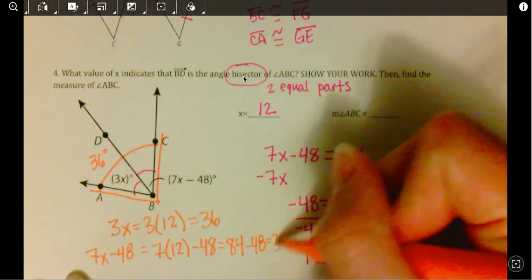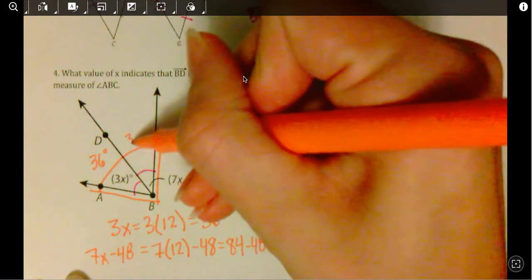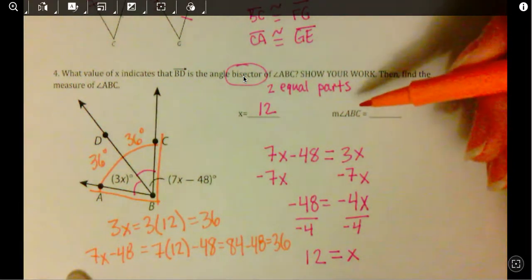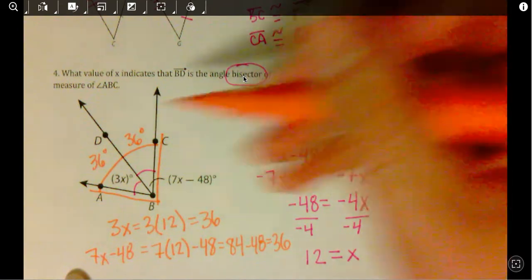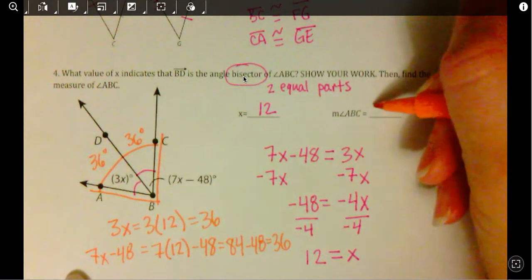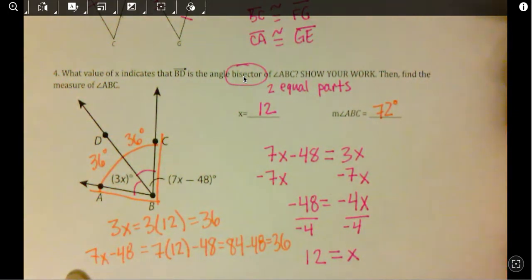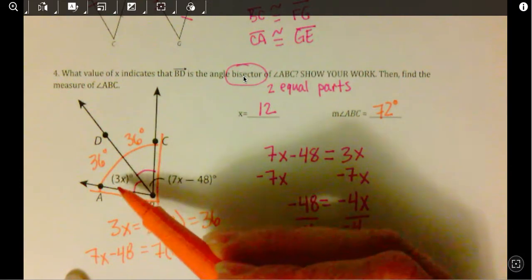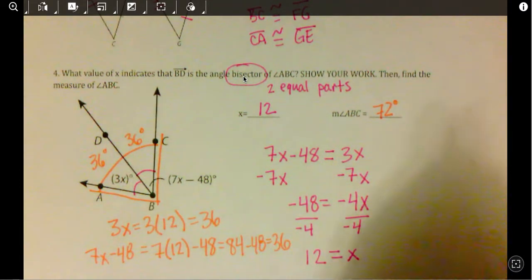And that is 36. But again, ABD or ABC is the whole thing. So 36 plus 36 is 72. So the measure of the entire angle is 72 degrees. This is a good way to check your work. Plug it into both to make sure it works.